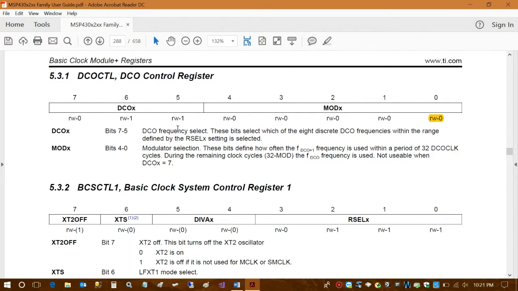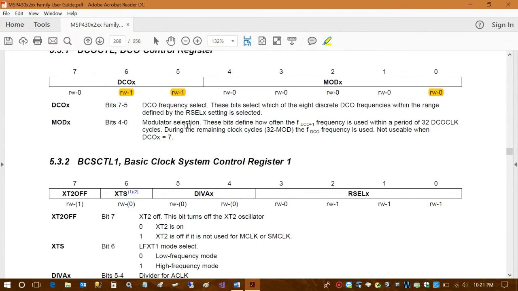And the DCOx bits are 0 1 1, that is 3. So the DCO value by default is selected as 3. This was discussed in the last class; you could refer to my previous video. So modulation 0 and DCO equal to 3 is the default function.